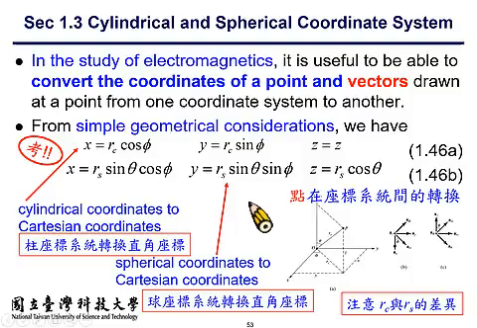In today's lecture, the most important thing is the conversion or transformation between coordinate systems, and it can be divided into two jobs. One is the conversion of a point in space between coordinate systems.